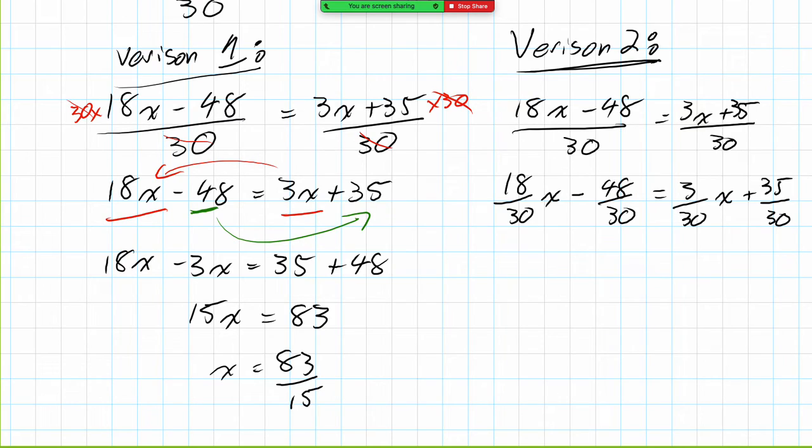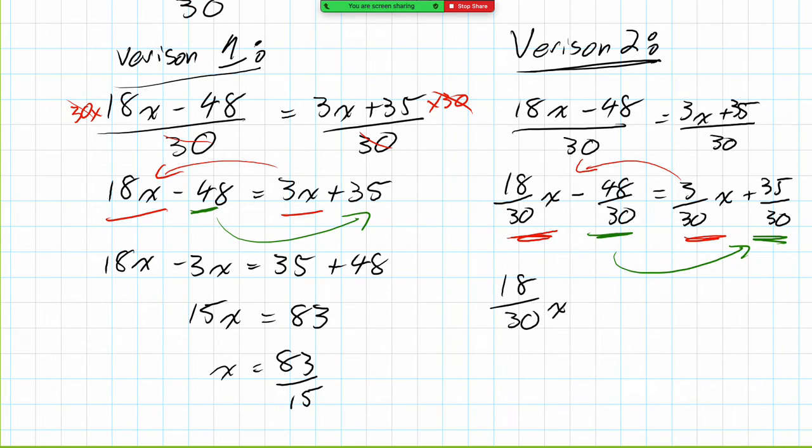Same idea. I need to collect common terms here. So I have the coefficients with x. I'm going to need to move this one over. And then my constant terms, I'm going to need to move these ones over. So I'm going to do that. So the 18 over 30x is going to be subtract 3 over 30x.